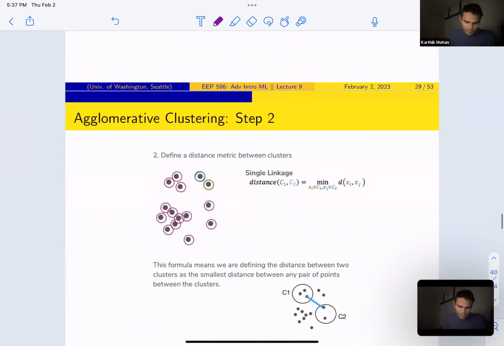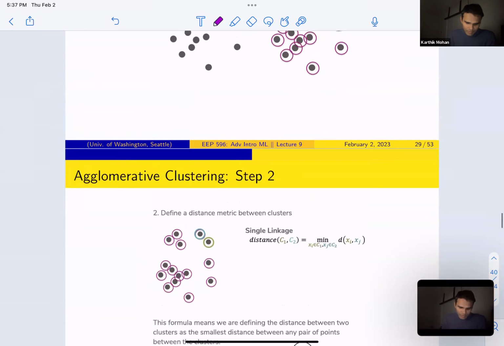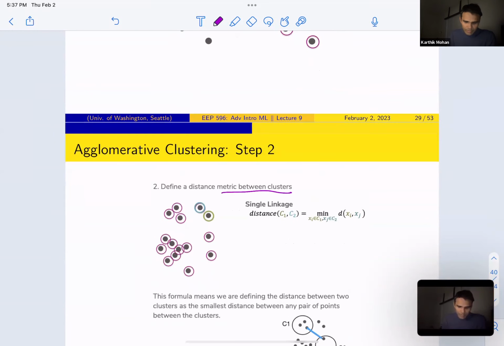Now we start merging. Of course, you need a distance metric between clusters. So there's distance between points. I just want to differentiate these two. One is distance between points. Let's call this Euclidean or whatever, Manhattan. You can have different distances. And then the second is distance between clusters.